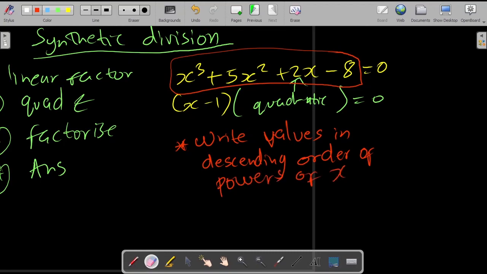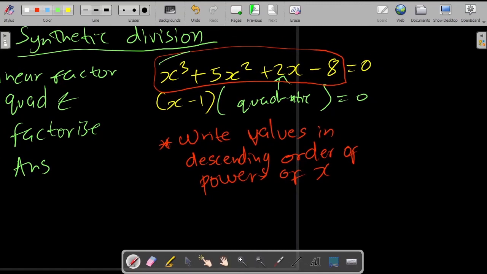That means the highest power of x first, then the next one, then the next, until you get to the constant. Start with the biggest power of x and have them descending like that.